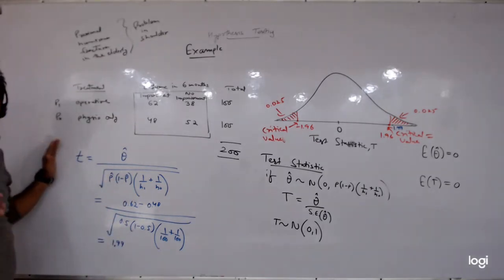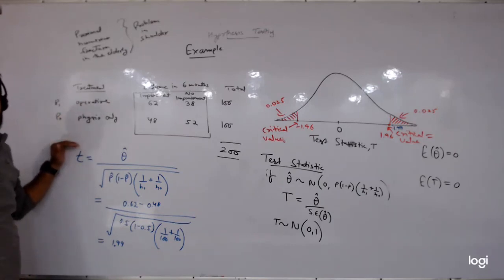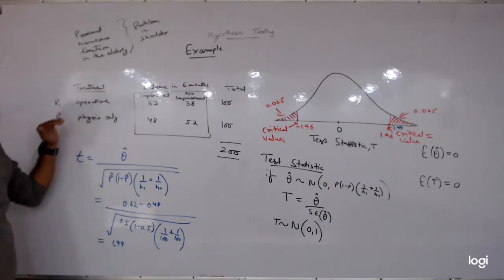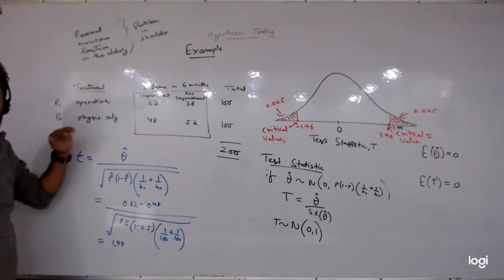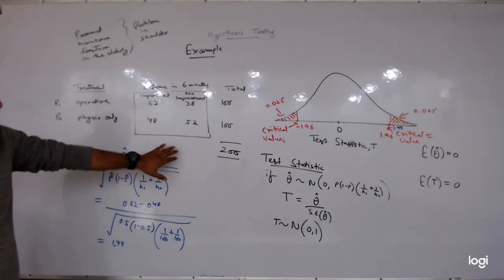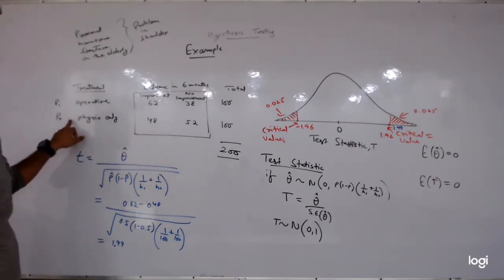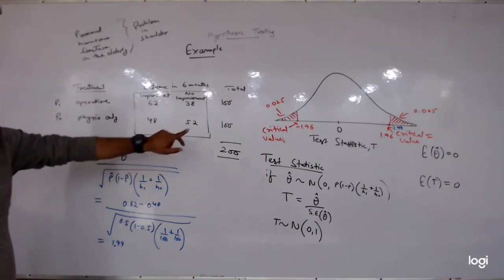We reject the null hypothesis that there is no difference between the two. Then they're just different. Mind you, we have not proved at the 5% level of significance that operative is better than physio. Not done that. We have just proved that they're different.